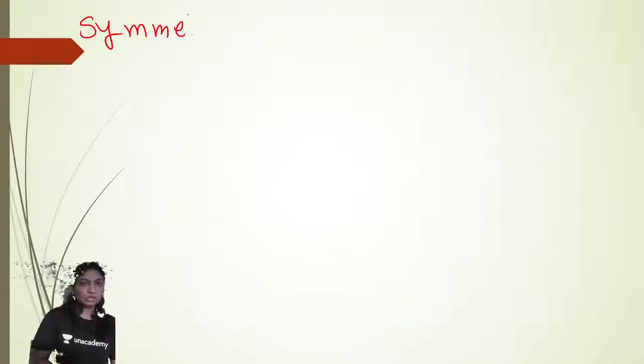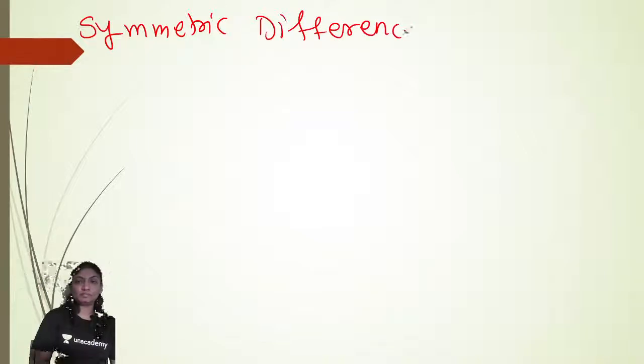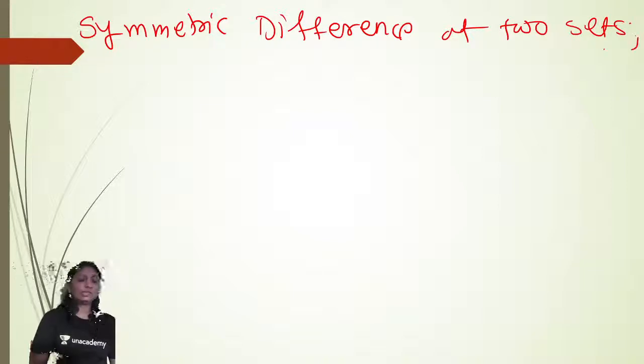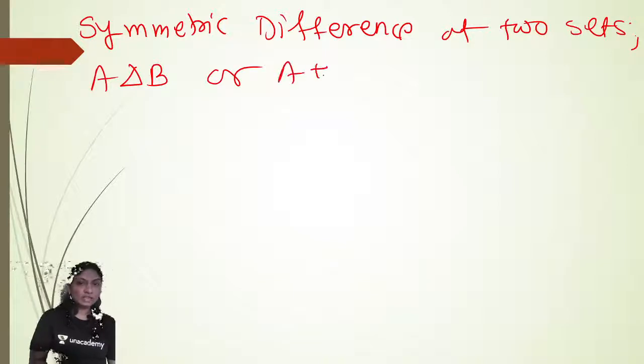Okay. Now the next point we will see is symmetric difference of two sets. Symmetric difference of two sets. Let A and B be two sets. Then the symmetric difference of two sets is denoted by either A triangle B, this is symmetric difference, or A ring sum B. Generally we will use A ring sum B. So how do we define A ring sum B?